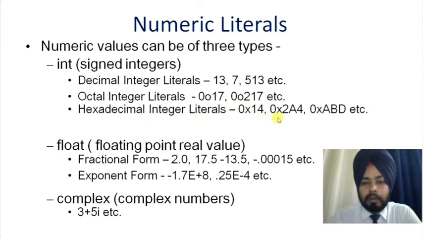These kinds of integers are called hexadecimal integer literals. Next one is floating point real values. This is the fractional form of floating numbers and this is called the exponent form of floating numbers. And these are complex numbers. A number like 3 plus 5i is called a complex number.